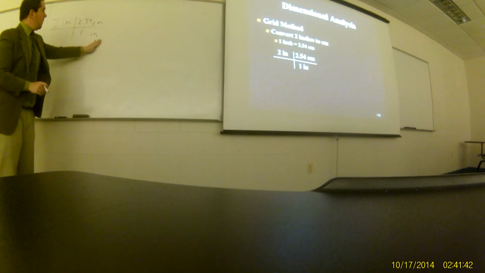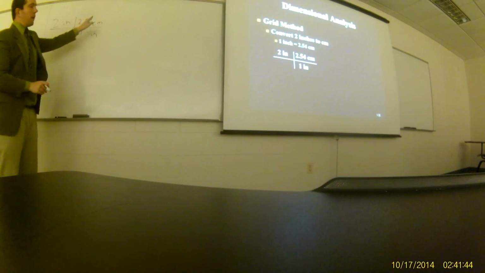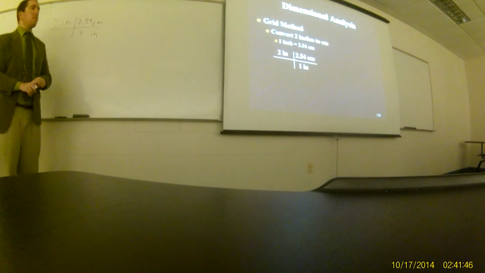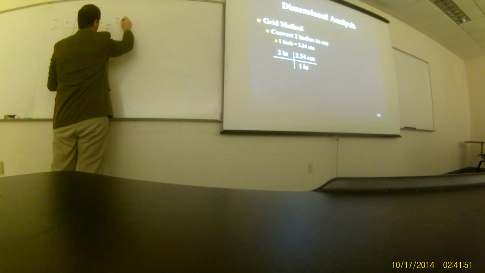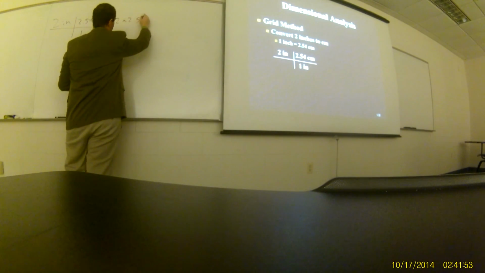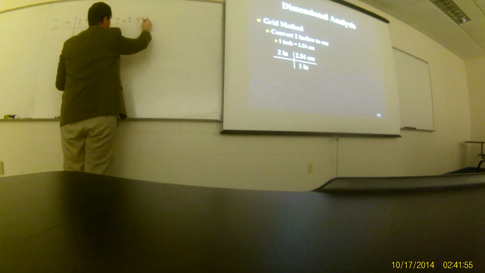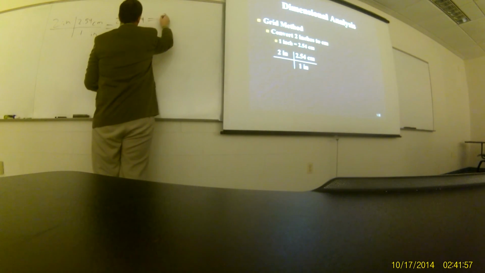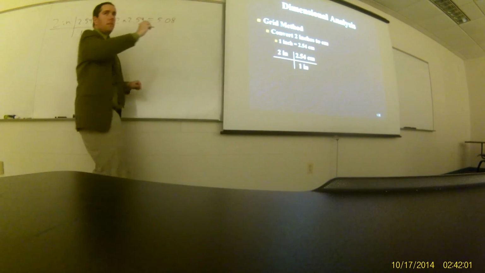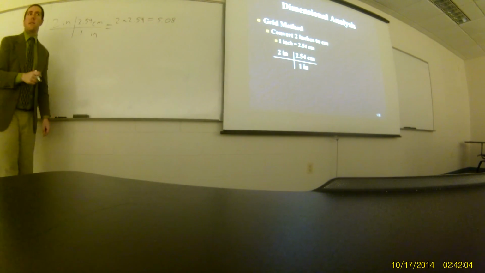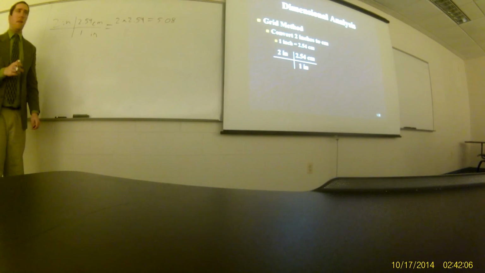Once you're done setting it up, you take all of the numbers on the top, multiply them together. And so what we have is 2 times 2.54 equals 5.08, correct? Someone with a calculator or someone else who did it in their head? Okay.